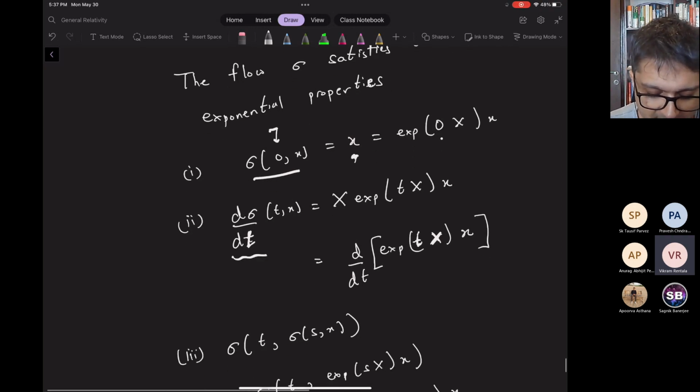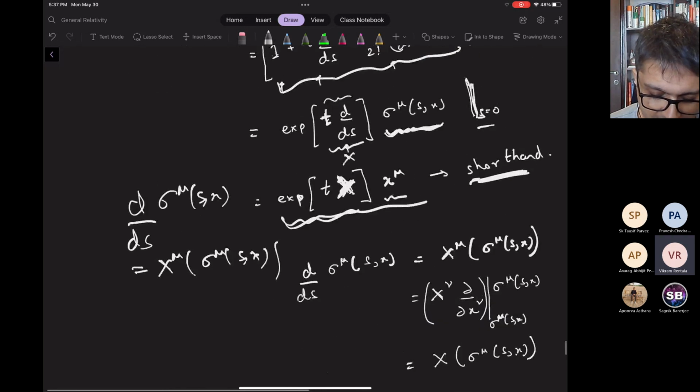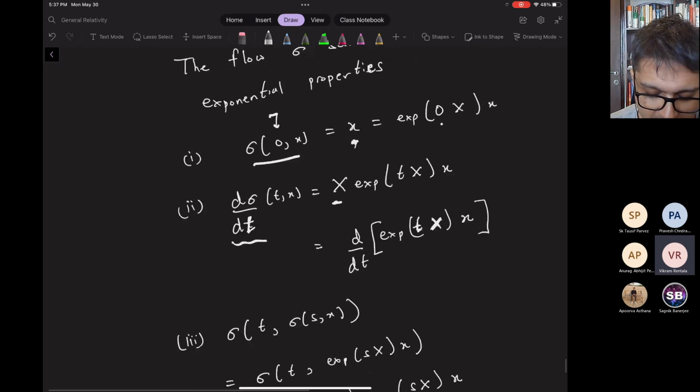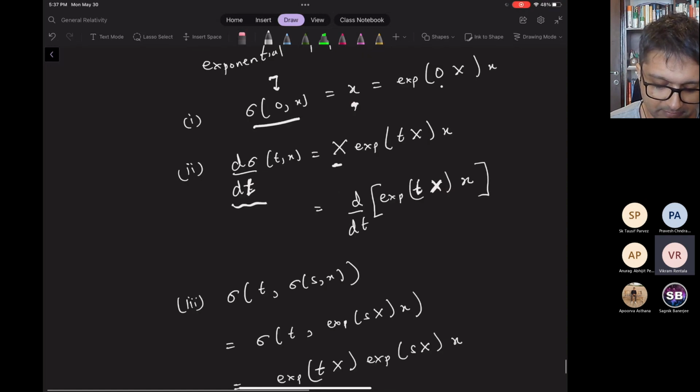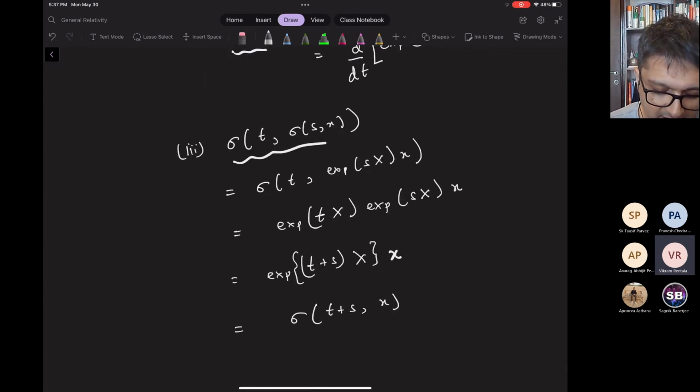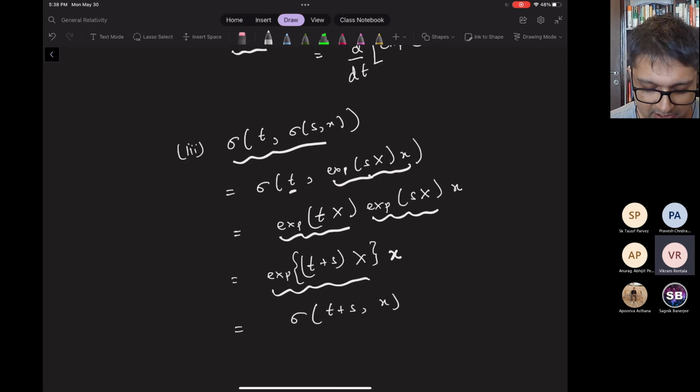If I want d sigma by dt, I would just differentiate this equation, and what I will get is X times the exponential of tX acting on x, or I can write it as d by dt of the exponential of tX on x. And the composition map sigma t sigma s x can be written as first generating a flow by an amount s, then generating a flow by an amount t, which can be thought of as a composition of two exponentials, the exponential of (t plus s) X on x, and this is the same as sigma t plus s x.